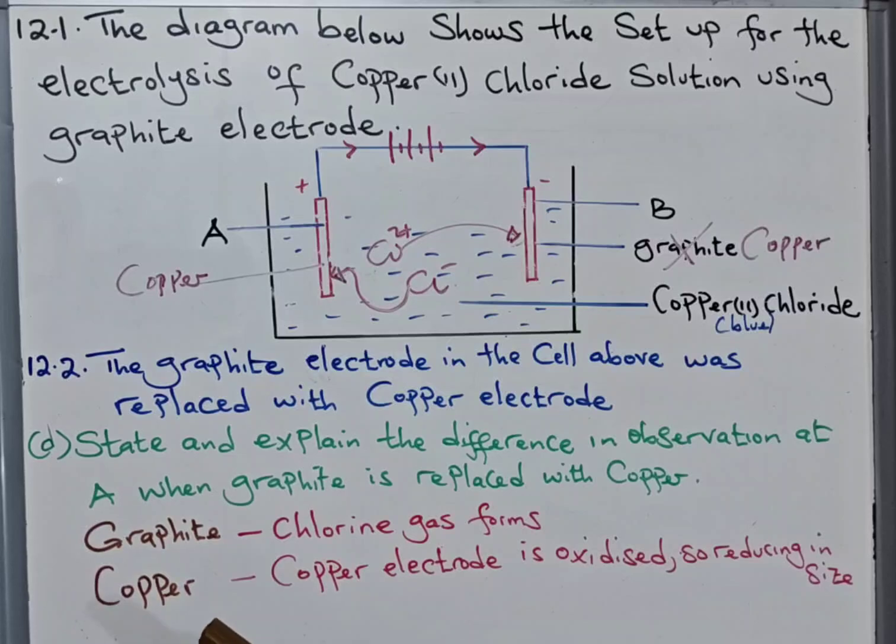So with the graphite electrode, chlorine gas forms. With copper electrode, it is oxidized, so reducing in size. So what is the reason? The reason is that copper is a stronger reducing agent, so it preferably undergoes oxidation compared to chloride ions.